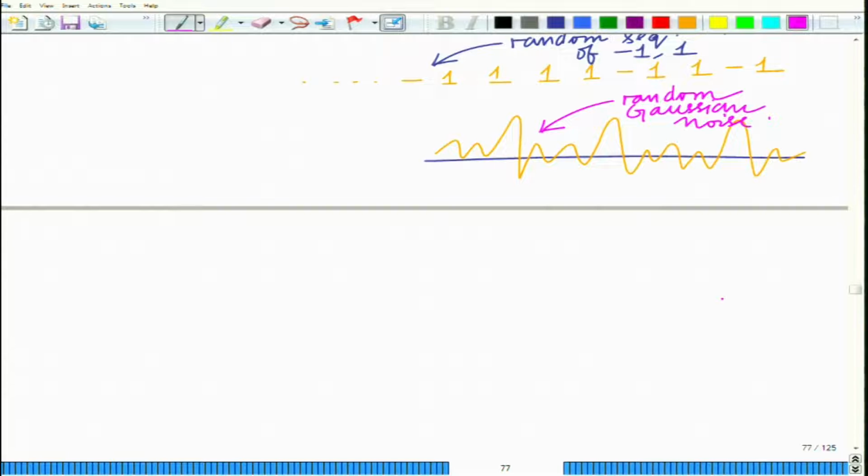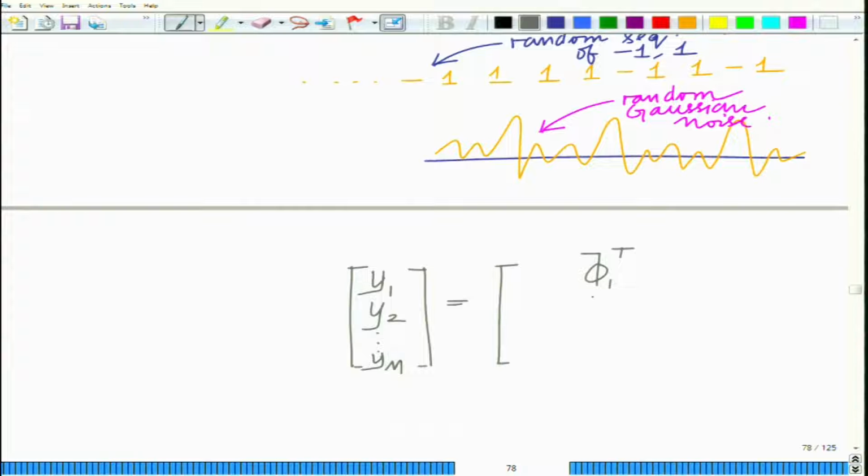And thereby when you are making the measurement, what you are doing is taking the projections of the signal on these noise like waveforms. So, when you are making the measurements, you have your y1, y2, ym, which is equal to phi 1 bar transpose, phi 2 bar transpose, phi m bar transpose times x bar.